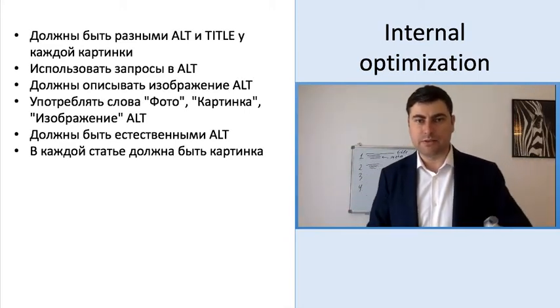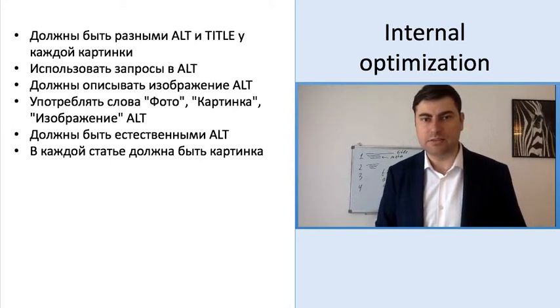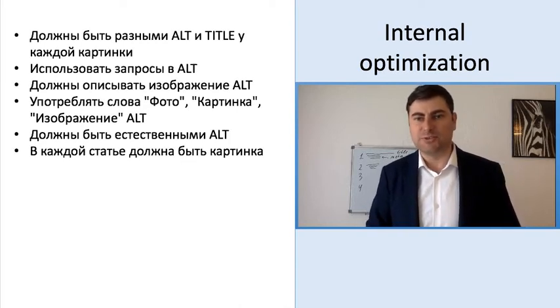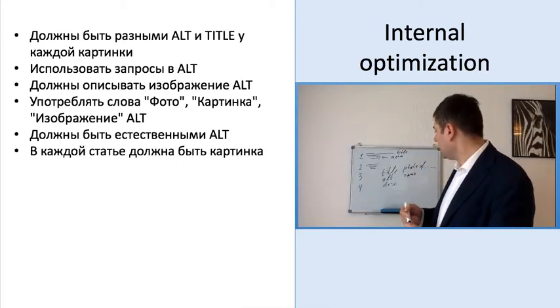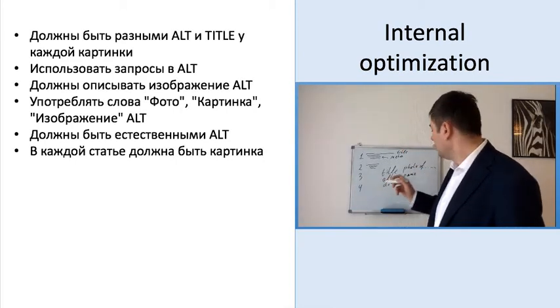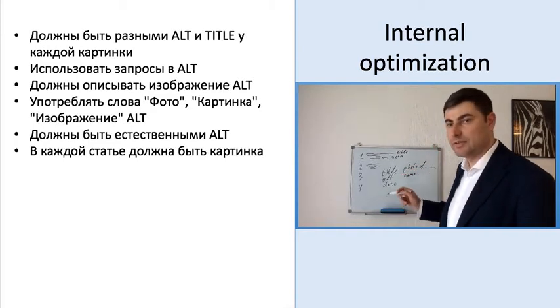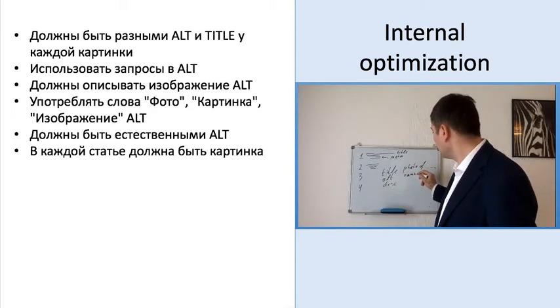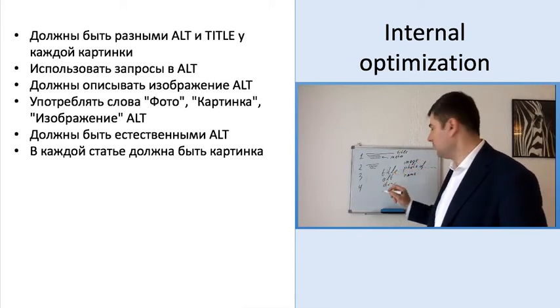Sorry, on this slide, this text is in English. It should be in English, but I forgot to translate it from Russian. Okay, so I will translate it. What is written on this slide is that here should also be keywords like image, photo.